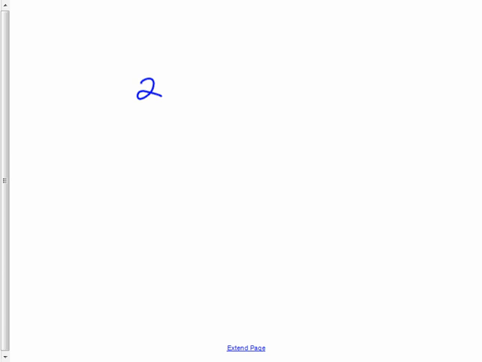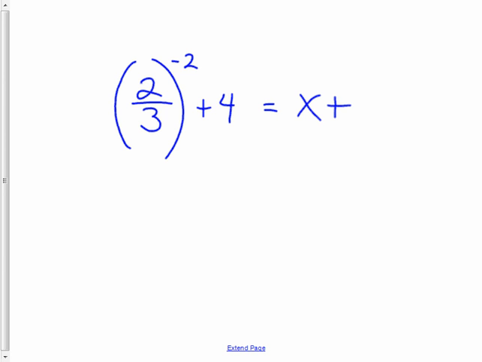Okay, how about this kind where you have to get the clump alone? 2/3 to the negative 2 plus 4 is equal to, let me think now, x plus 7. No, that's going to be too confusing.